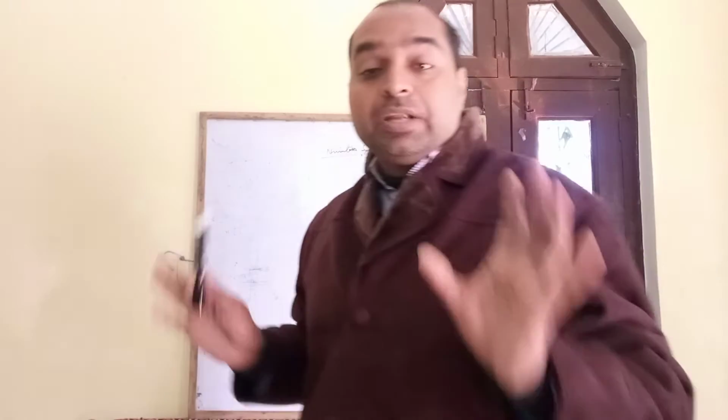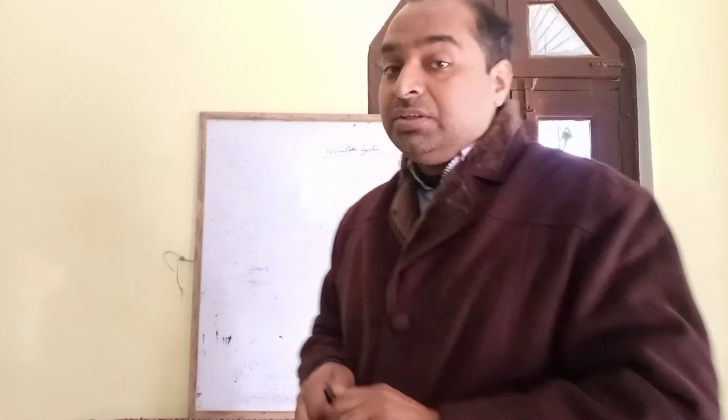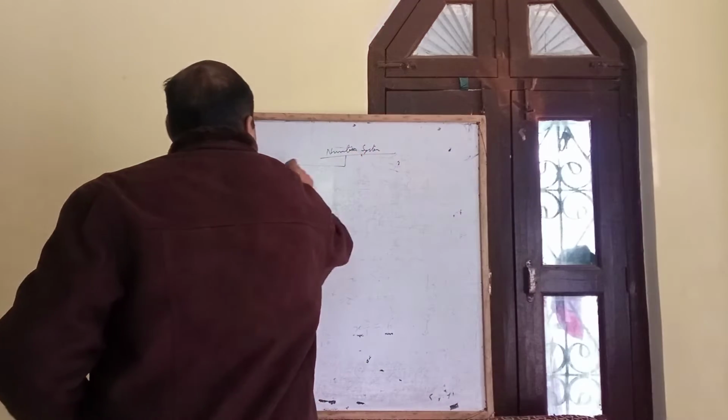Now, as far as number systems are concerned, in relevance to arithmetic, we can say that the number system contains mainly two broad types. What are those types? Let us see here.